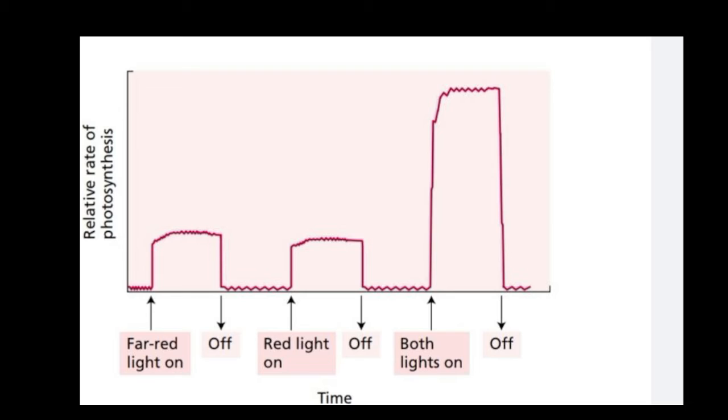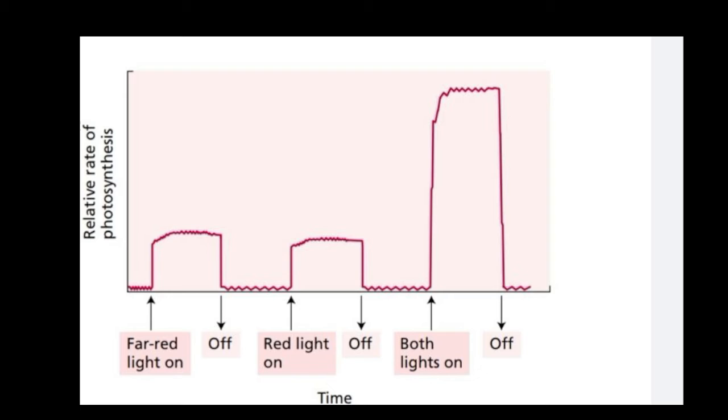Here he supplied far red light, and this rate of photosynthesis is shown in this diagram, relative rates of photosynthesis versus time. This graph is plotted, and then he supplied red light, and the rate of photosynthesis is this.